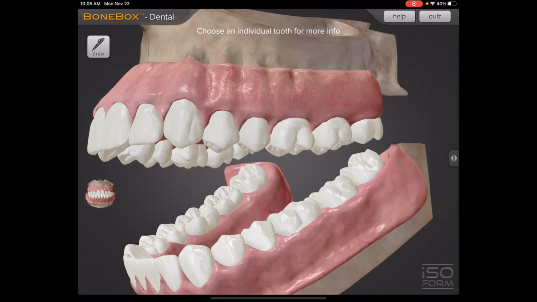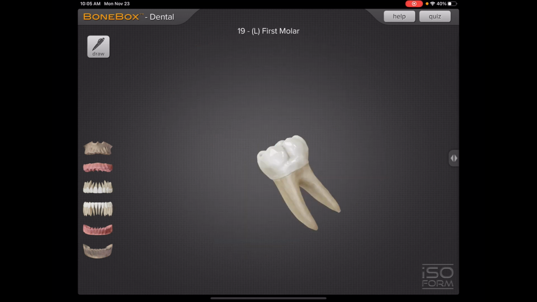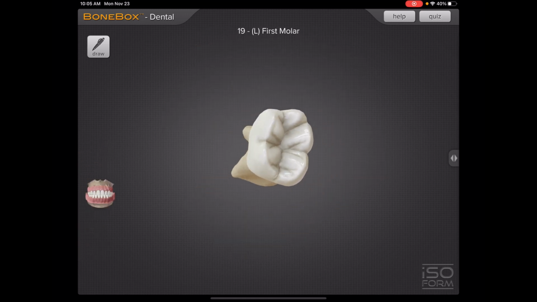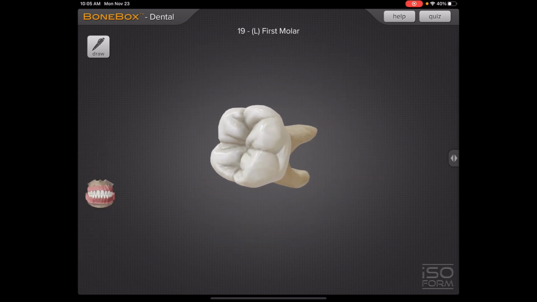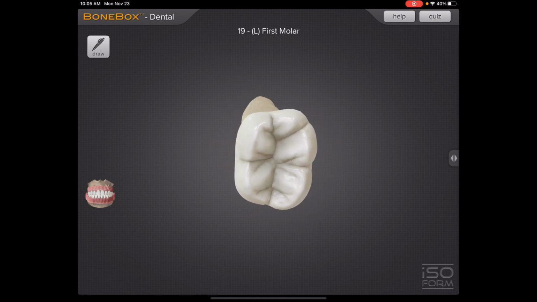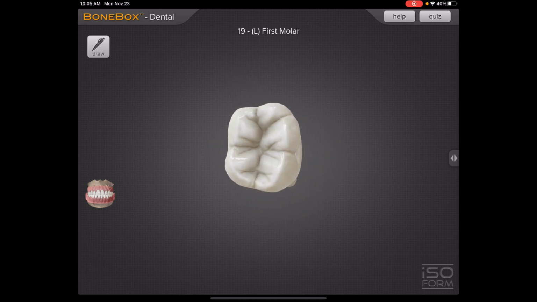How about fossa? Okay. A fossa is a small depression or concavity on the occlusal surfaces of posterior teeth and the lingual surface of your anterior teeth. It has different shapes including a triangular fossa.